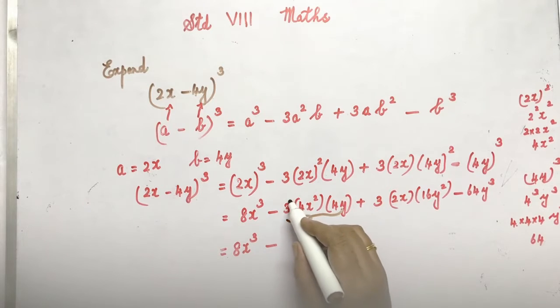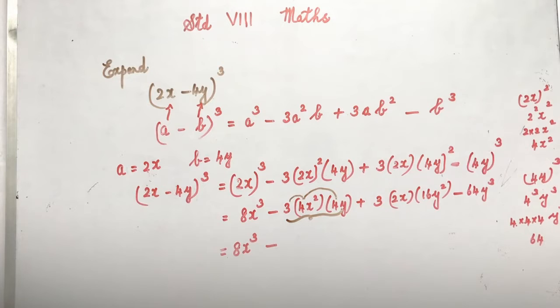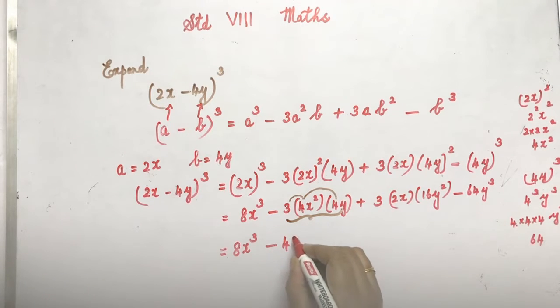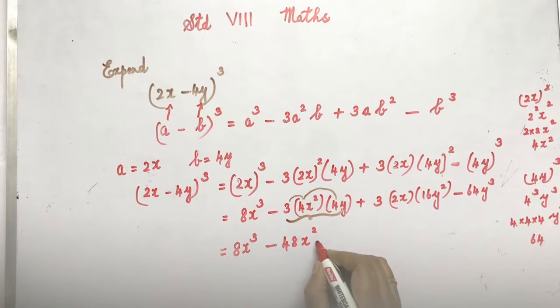3 into 4 is 12, 12 into 4 is 48. First numbers. Now x squared into y is x squared y.